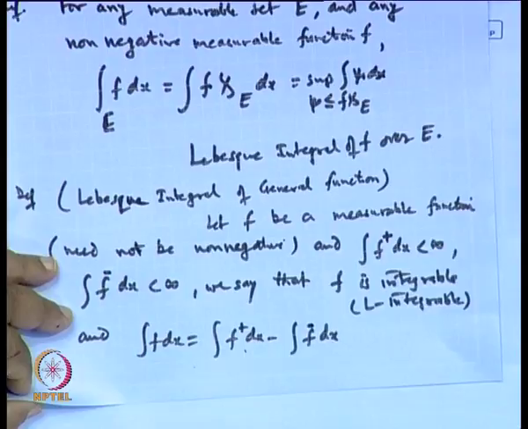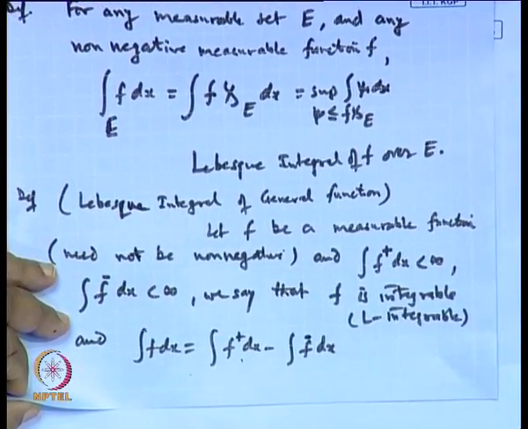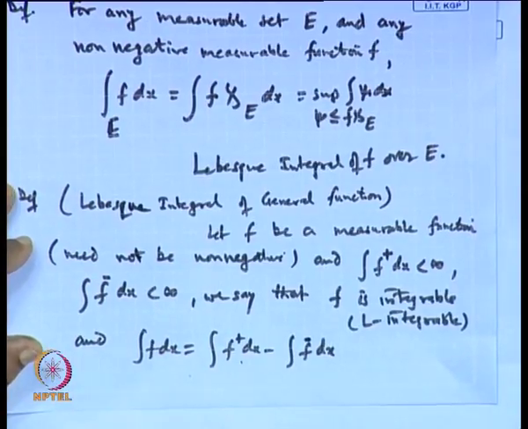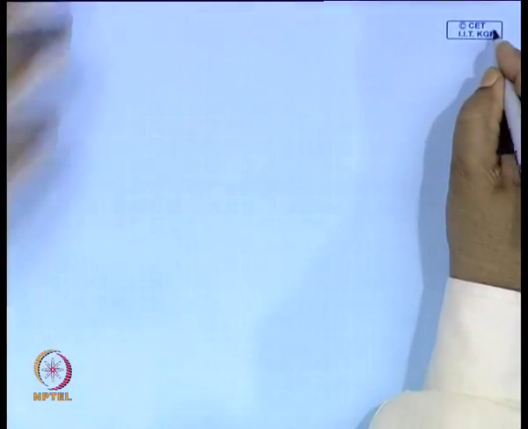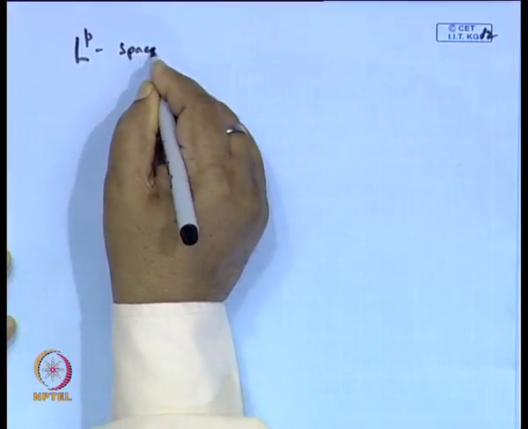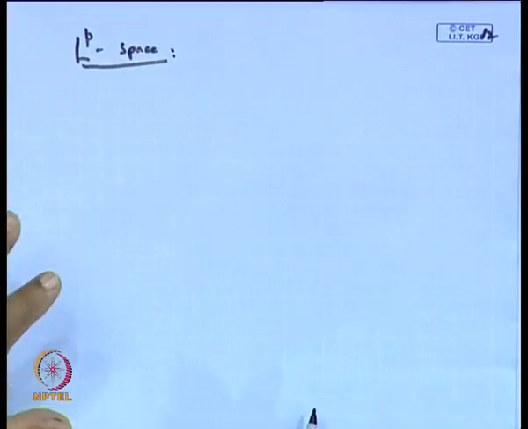Now, this is all about the measure theory part, and with the help of this, we can now introduce the concept of the LP space. Okay. So, let us see now the concepts of LP space, because this is very much required for introducing the concept of LP spaces.